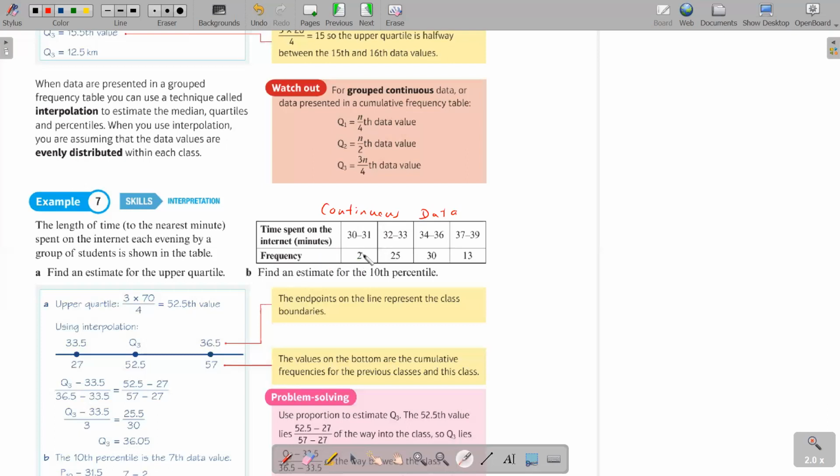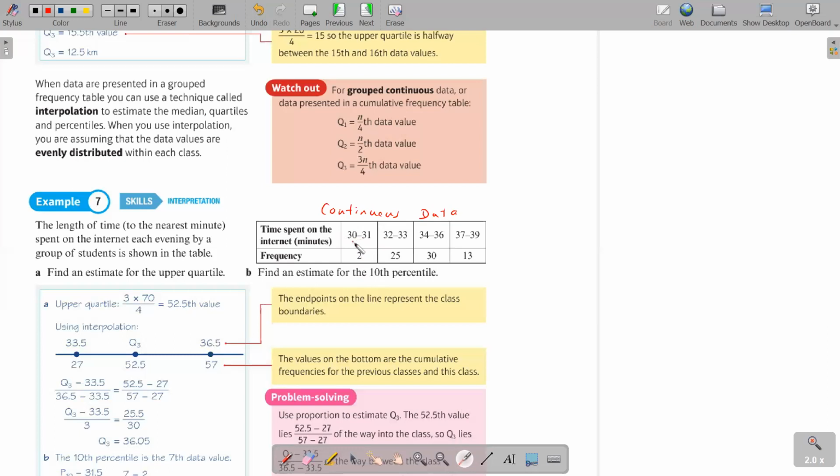These two students spend between 30 to 31 minutes, and in continuous data you can take any value within this given range, isn't it? These two students could take any amount of minutes in between. You can get many decimals in between this, right? Any value within this given range is possible.